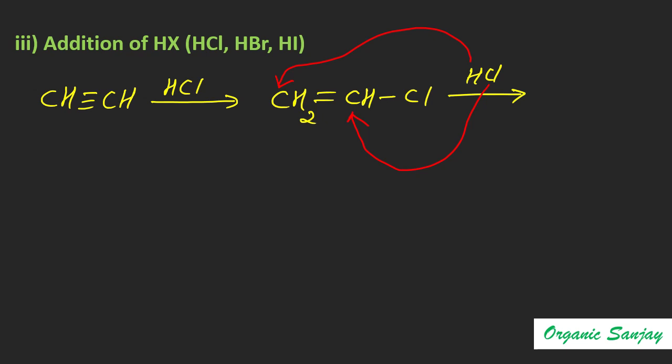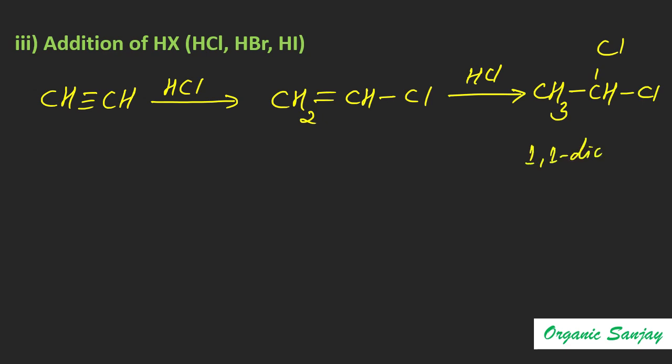So the final product will be CH3 single bond CHCl2, as the pi bond breaks and one chlorine atom is added here. The name of this product is 1,1-dichloroethane. This is the final product.